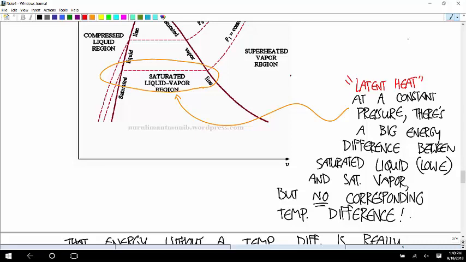That's the heat you can't measure with the thermometer, the energy you can't measure with a thermometer. In liquids or superheated gases, if you know the pressure, you measure the temperature, and you know the amount of internal energy. But that's not true when it's inside that vapor dome, when it's a mixed liquid and gas.